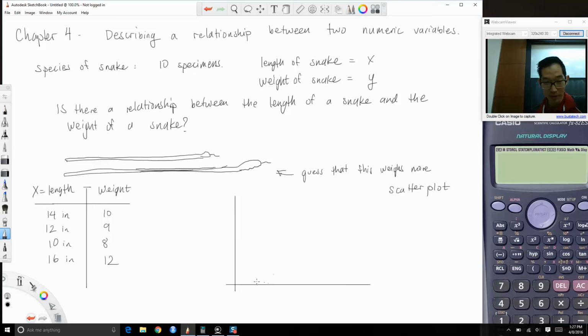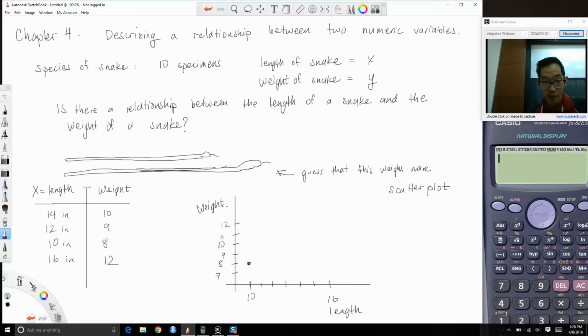So the x-axis goes 10, 11, 12, 13, 14, 15, 16, and then the y-axis 7, 8, 9, 10, 11, 12. So length will be down here and weight up here.